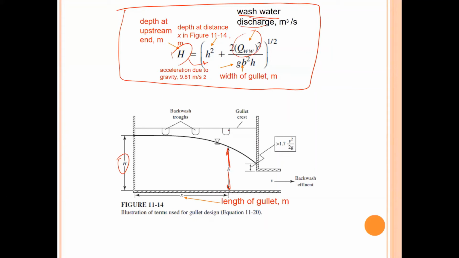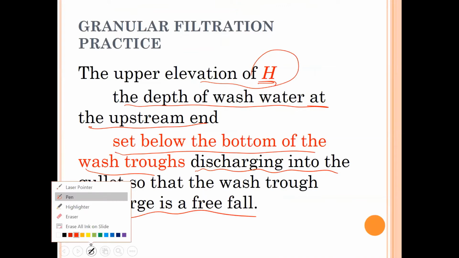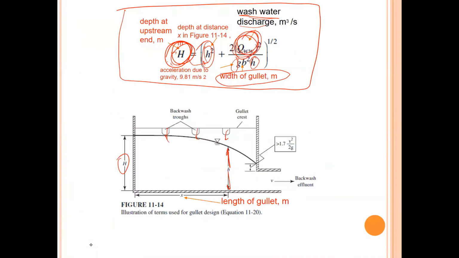Wash water discharge means water is coming from here and here and here, the total wash water discharge. And of course g and b, which is the width of the gullet, and small h, the height at different lengths of the gullet. So we can find this capital H if we know small h and the wash water discharge.